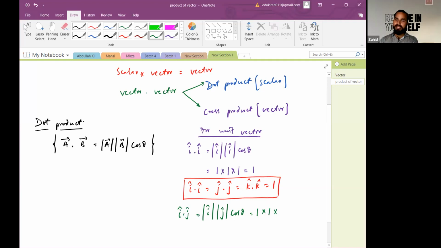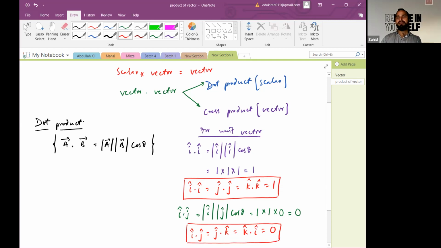So the inclination between x and y is 90 degrees, and cos of 90 degrees is 0. So this whole term becomes 0. From this we can conclude that the dot product of any different unit vectors, that is I dot j, j dot k, or k dot I, will be 0. Like this.